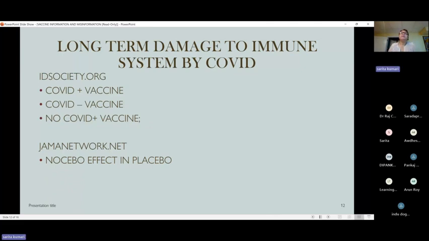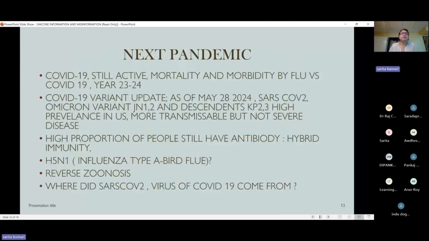Now, what is our next pandemic? So number one, COVID is still worldwide, still in pandemic. And recent data from 2023-24, this is US data, when they compared flu, influenza, versus COVID-19, they found that mortality and morbidity from COVID is still slightly higher than flu.